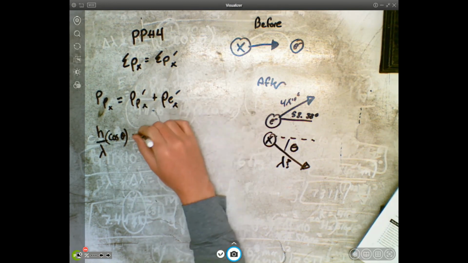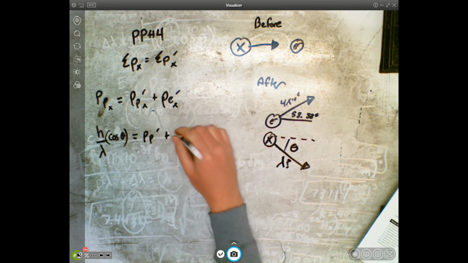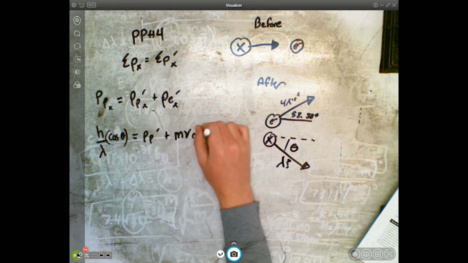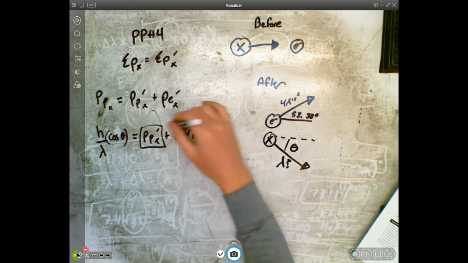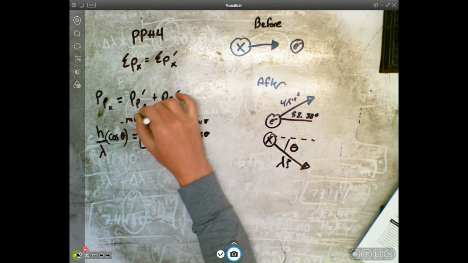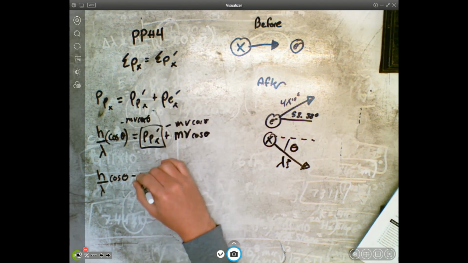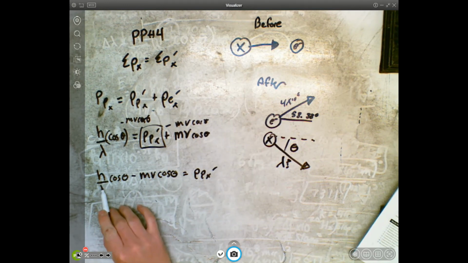And then because this is an electron, we want mass times velocity, and then cos theta. Don't ever break down what you're trying to find until the very end. I should have rearranged this before, but we have to subtract an mv cos theta from both sides. So we get h over lambda cos theta minus mv cos theta equals the momentum of our photon in the x after. So h over lambda for light, mass times velocity for electrons.